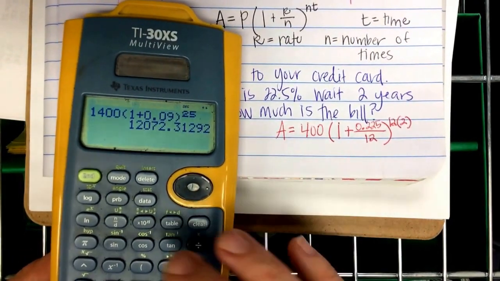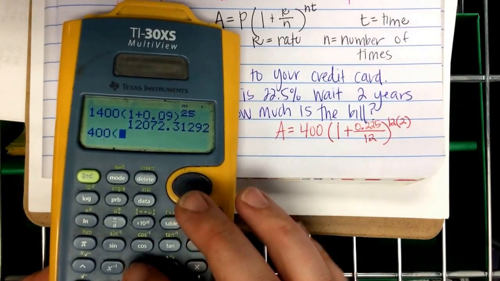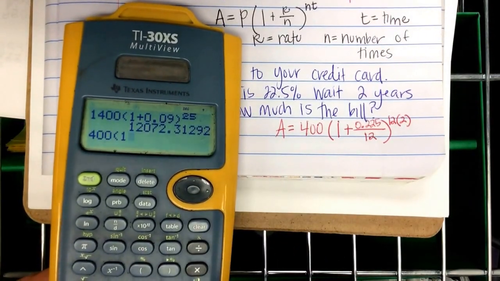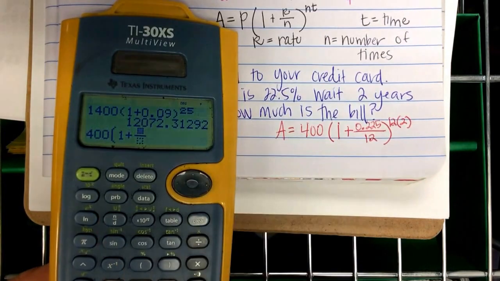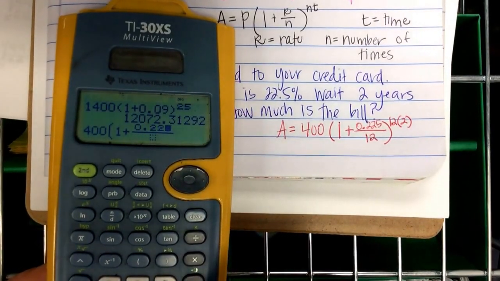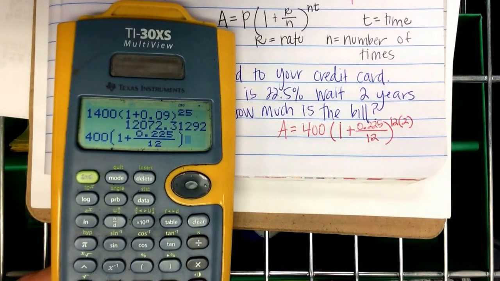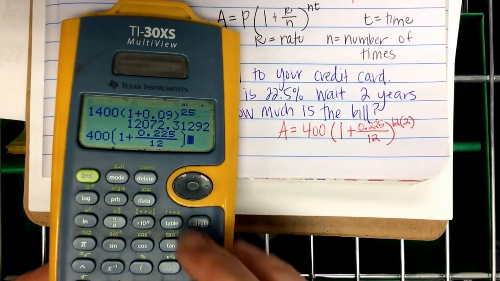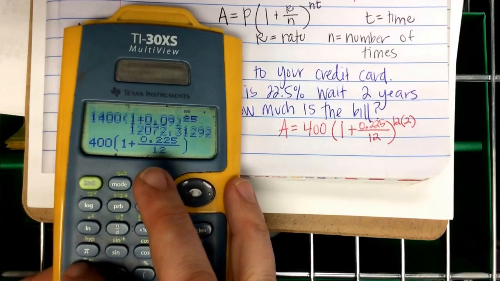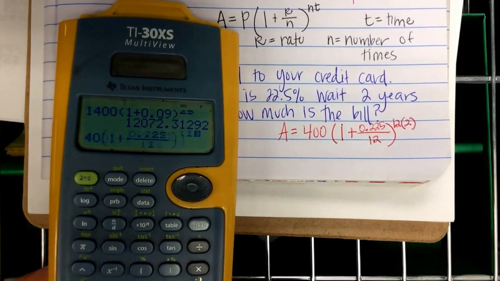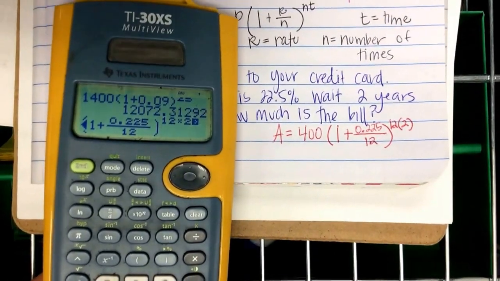All right, so $400 times (1 plus 0.225 over 12), because a credit card bill comes once a month, to the power of 12 times 2, or 24.